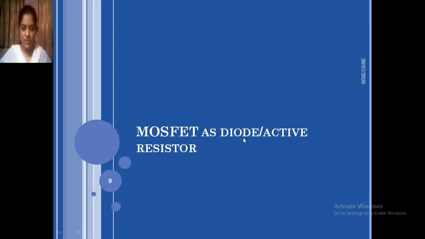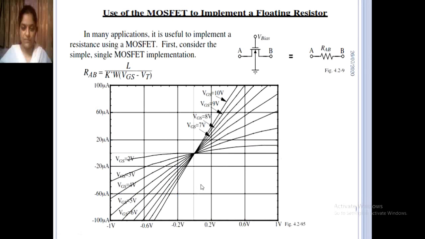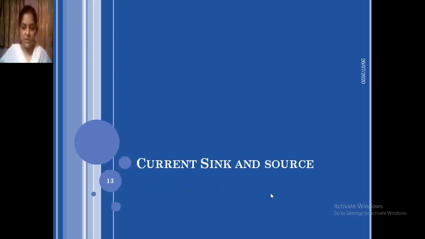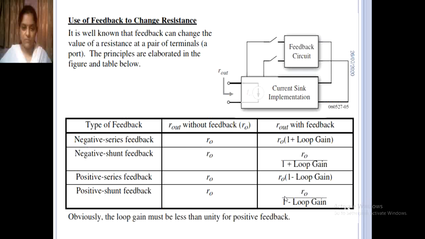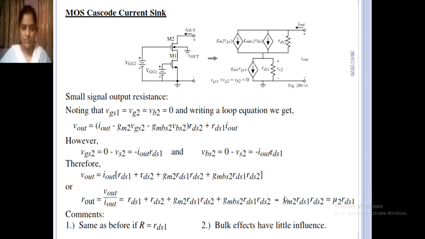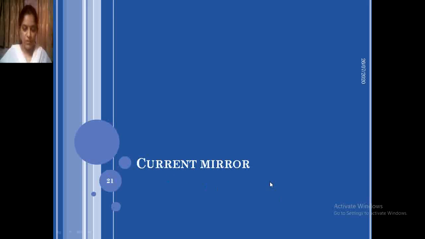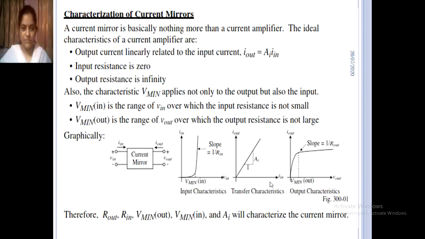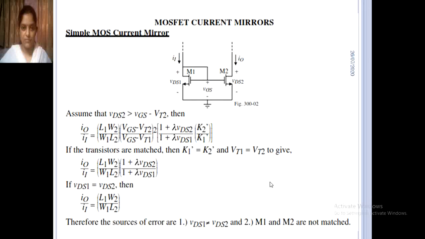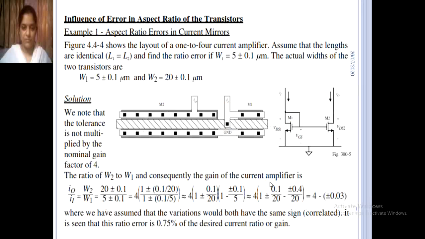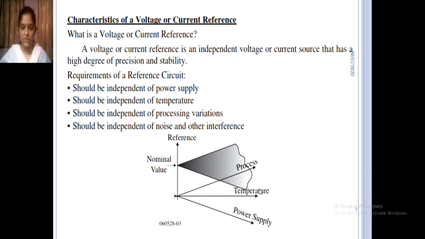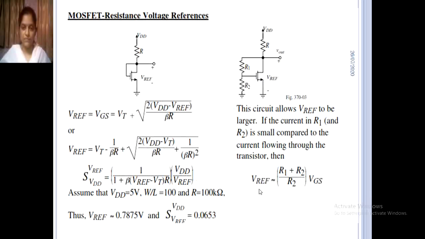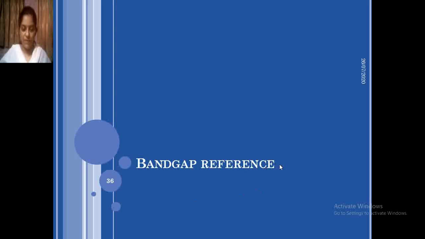We have seen the MOSFET as a diode and active resistor, current sink and source, then current mirror, then voltage references, then band gap references.